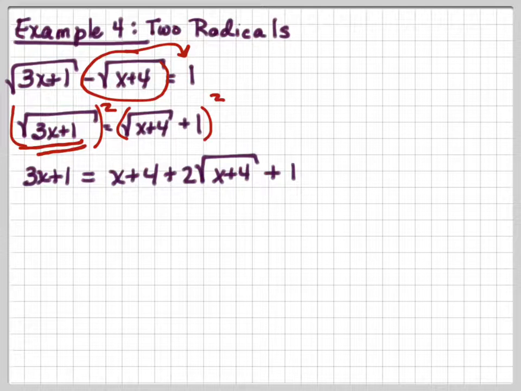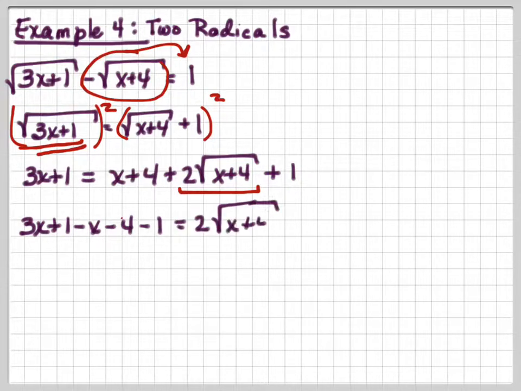Now we need to move everything that is not associated with the square root over to the left-hand side. So we're going to keep the 2 square root of x plus 4 on one side. So we'll have 3x plus 1 minus x minus 4 minus 1 is 2 square root of x plus 4.